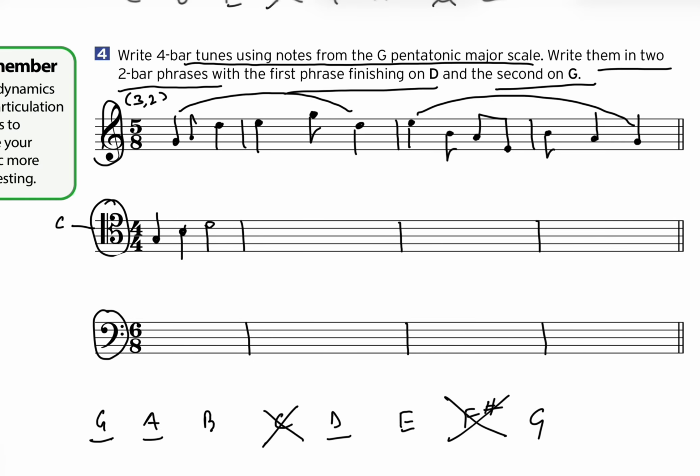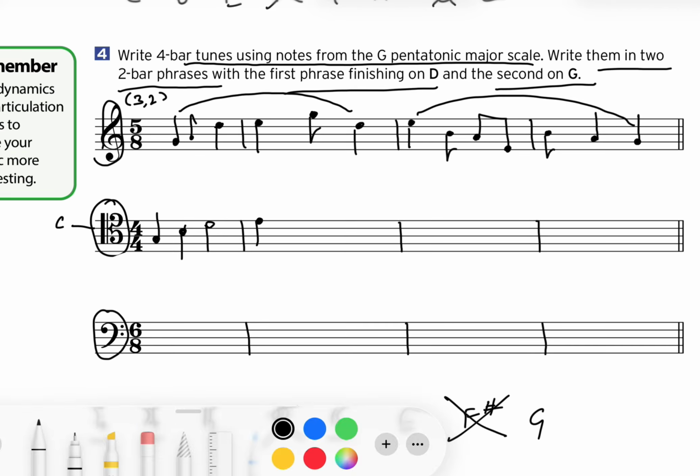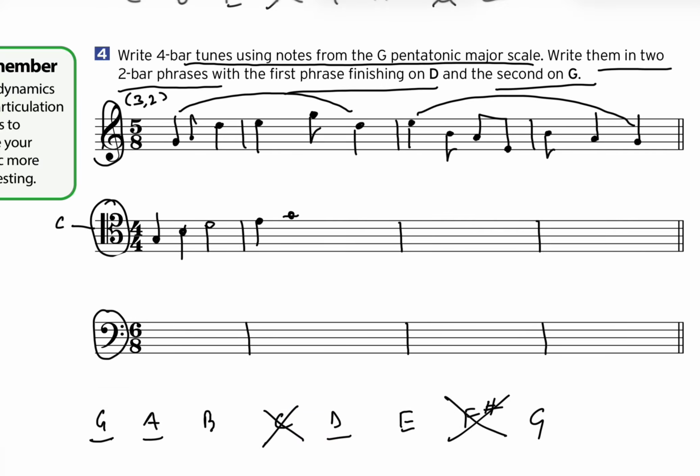Okay, now after that, we can go to E, then we can go to G. So let's make a G here. Okay, and after that we come back to E and we finish on D. So this will be our first phrase. So we can make this as a first phrase.